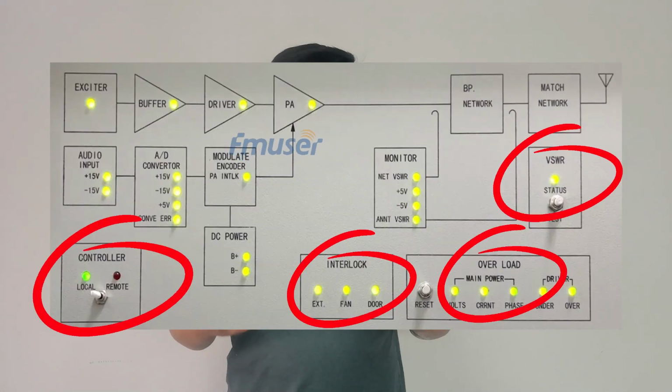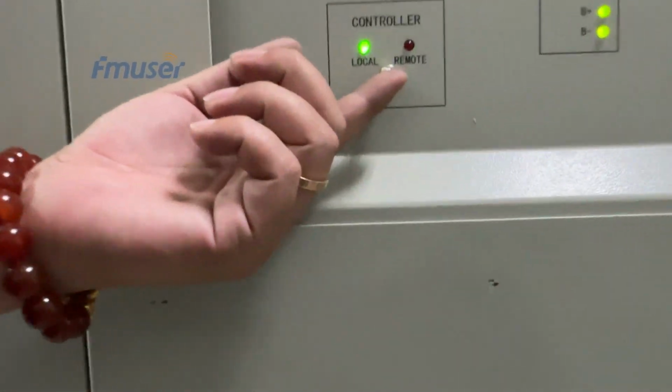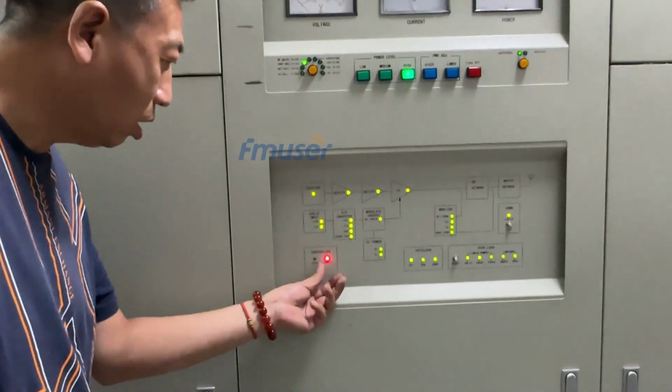In addition to the above-mentioned important modules, there are also auxiliary monitoring modules that function independently from other modules. These include the first one, controller. It prompts the operator to toggle the transmitter and select between local control, which means on-site control, or remote control, for example, RS-232.